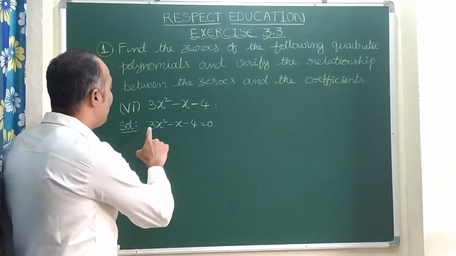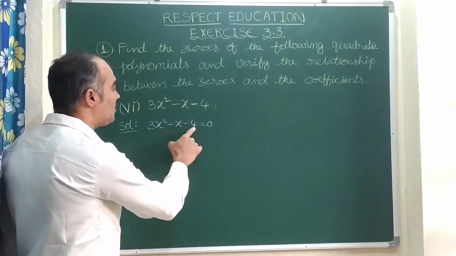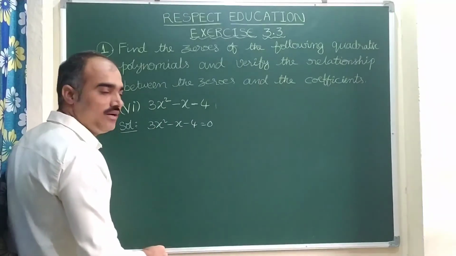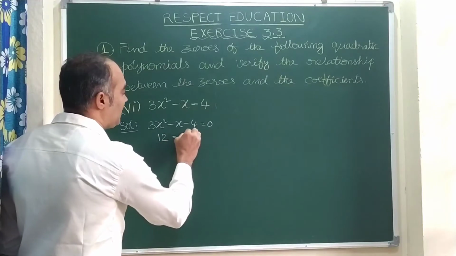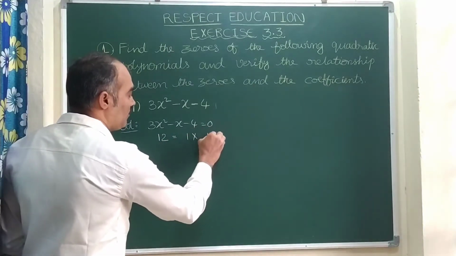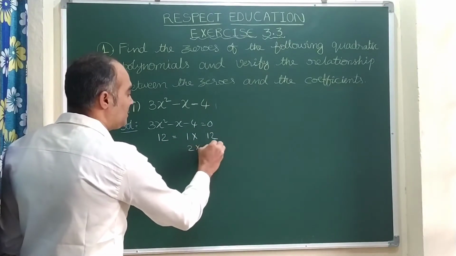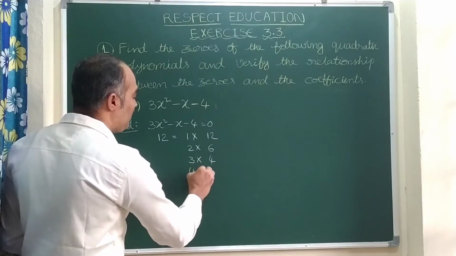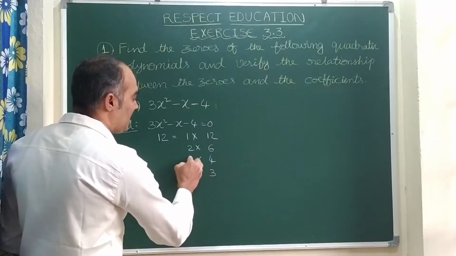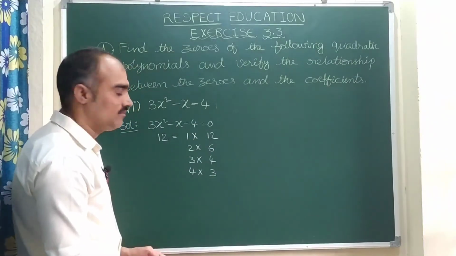Here multiply x square coefficient and constant. 3 fours are 12. So we write all the factors of 12. 12 can be written as 1 into 12, 2 into 6, 3 into 4, 4 into 3. When we get repetition, we can stop writing further.